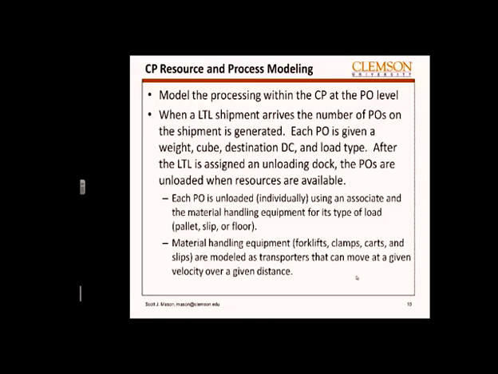This is reality. This is some of the power of a discrete event simulation model. And we know that these different types of transporters move at different speeds, and they have to travel different distances depending on where the inbound door is located at the consolidation point and where the outbound door is located.